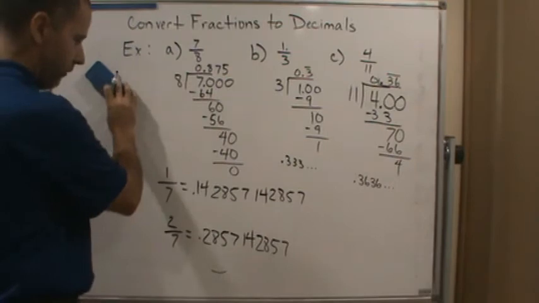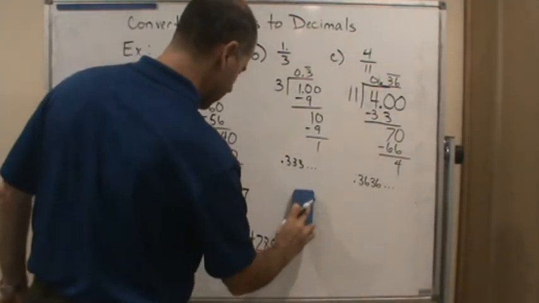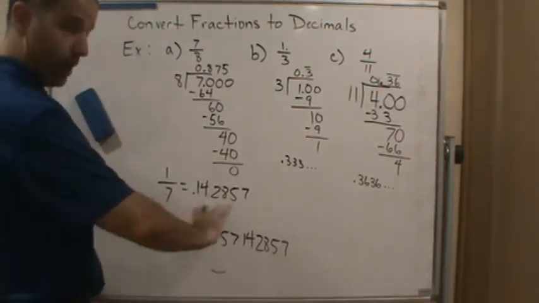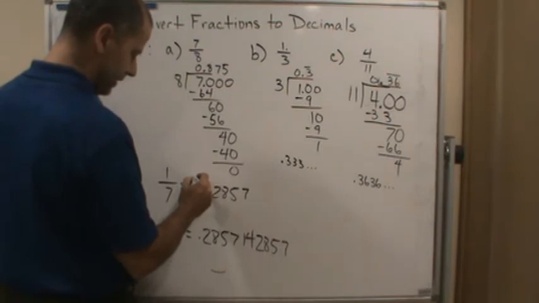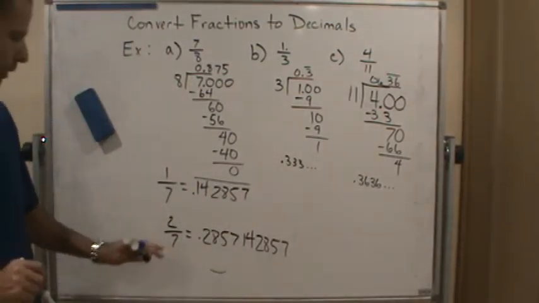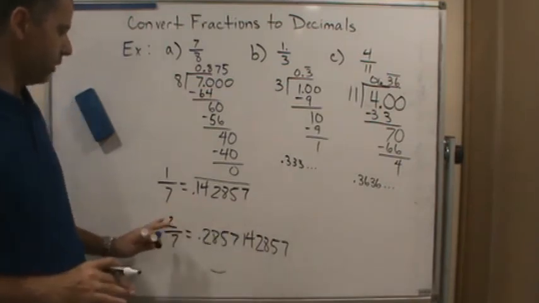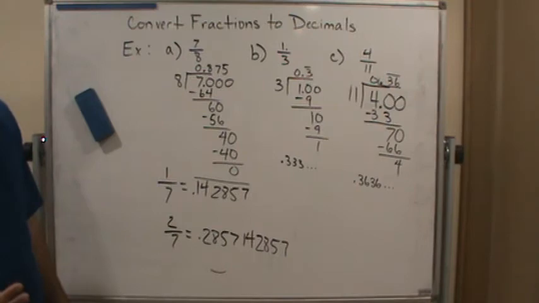And likewise, if I did 1/7, I would just write the first part until it repeats, so 142857. And since I know that this repeats, I just put a bar over it. Everyone who sees this knows this pattern is going to keep repeating itself to infinity.